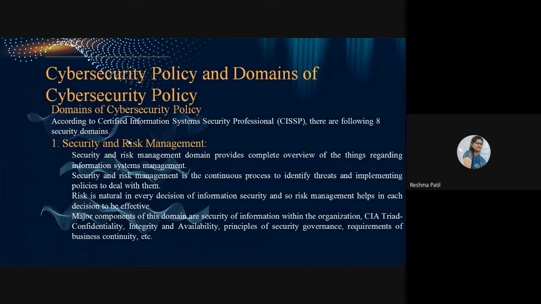So inside these domains of cybersecurity policy, your first domain is security and risk management. Here you will think about the security of the information system of your organization, then what the risks are and how you can manage that risk. Understood this domain, security and risk management?